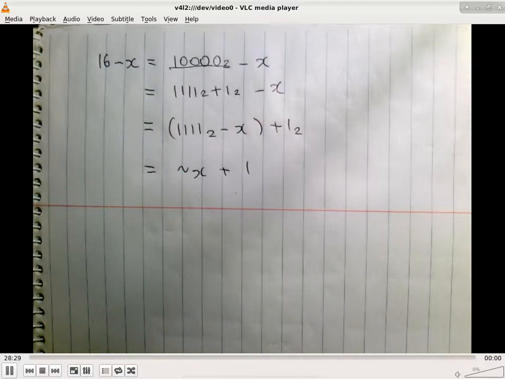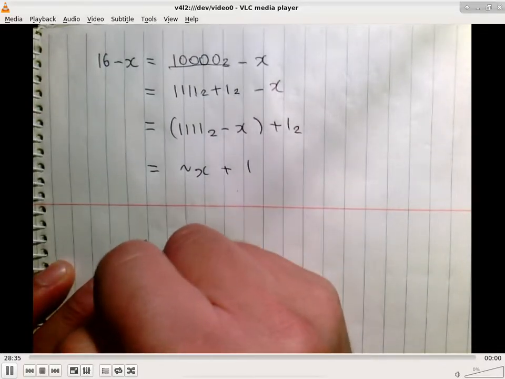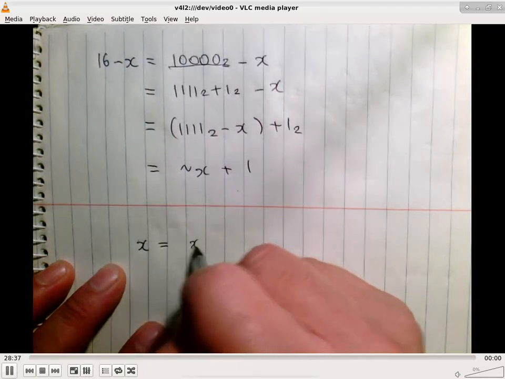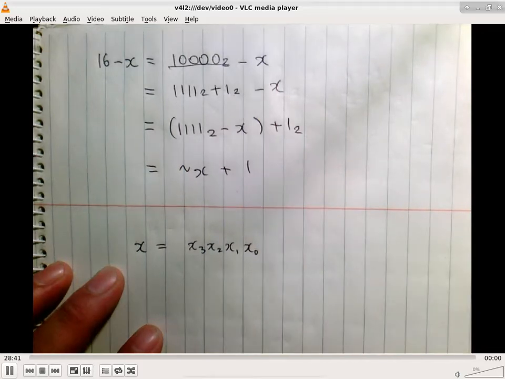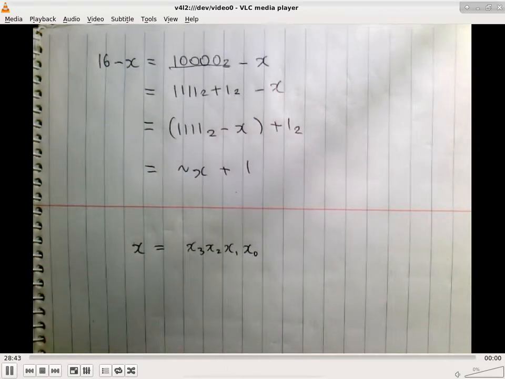What do we mean by a bitwise not? Let's take a look at a bitwise not operation. Let's say that x has the individual bits x3, x2, x1, and x0. I'm just spelling out the individual bits of a 4-bit pattern. Is that okay?